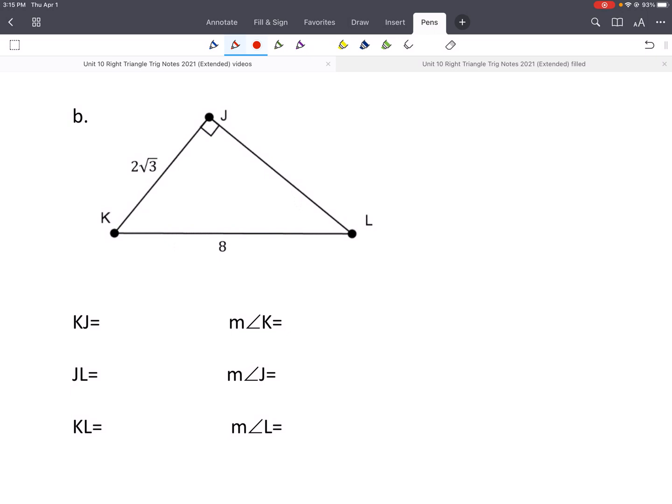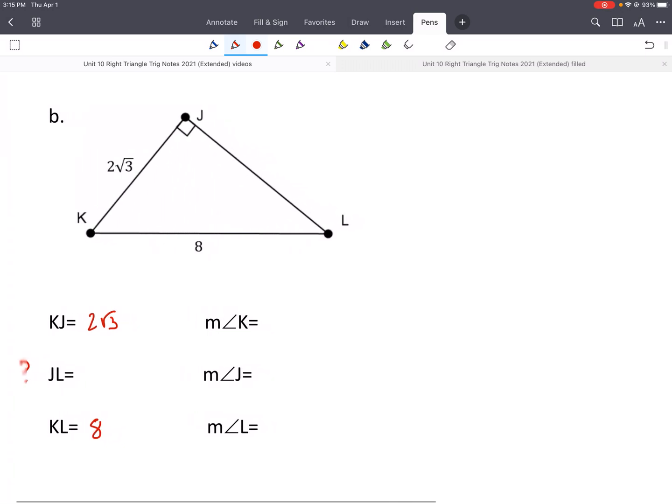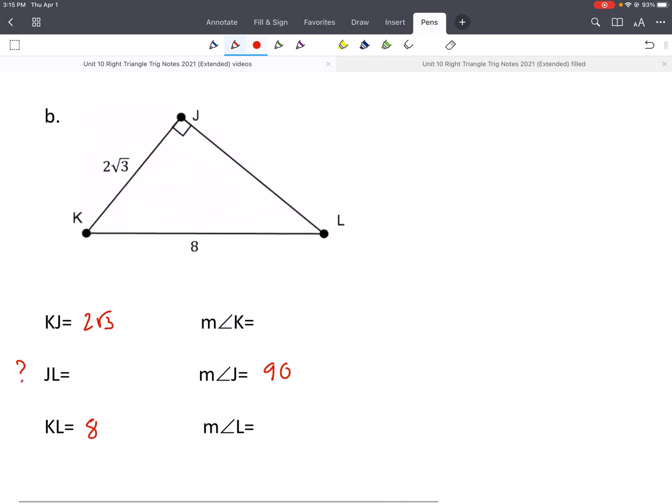So we have JK is 2 square roots of 3, and we have the hypotenuse, which is KL, which is 8. And we need to find JL. They also tell us the angle J is 90 degrees, so we could say this is 90 degrees.